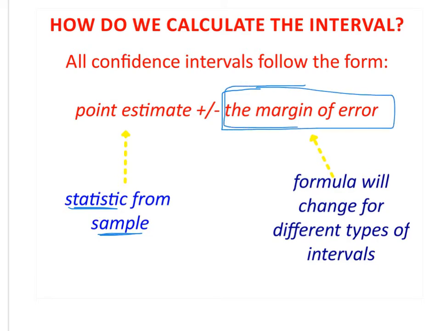This is where some of the challenge problems get their material from, because the margin of error, we said, is different for different types of intervals. So the formula changes, and we want to see, do you know which margin of error formula to use, and do you know the specific pieces of the margin of error and of the formula?